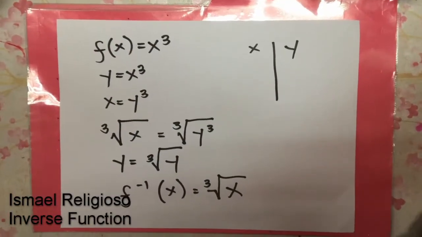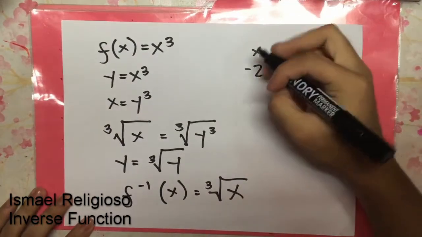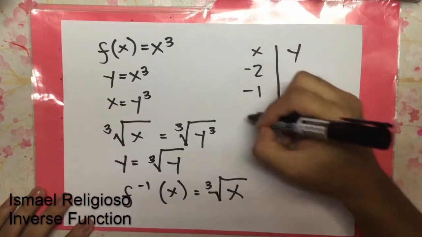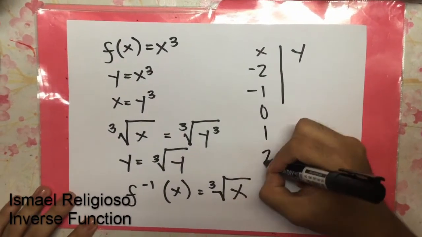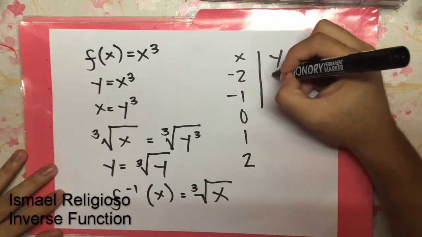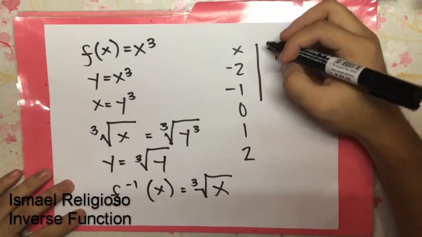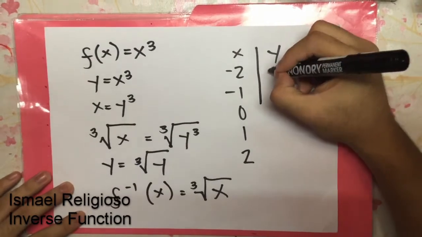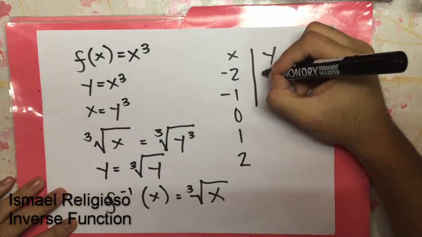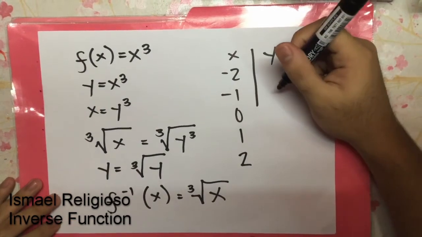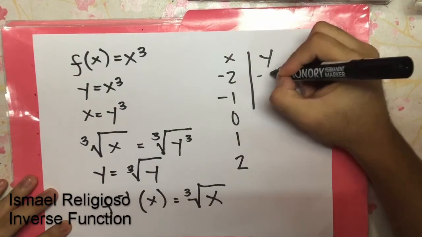We can use any domain. So as an example, I'll use -2, -1, 0, 1, and +2. For the y, we should substitute the value of x in order to get the value of y. So substitute the -2 to x raised to 3. So that will be -2 raised to 3, and the outcome will be -8.